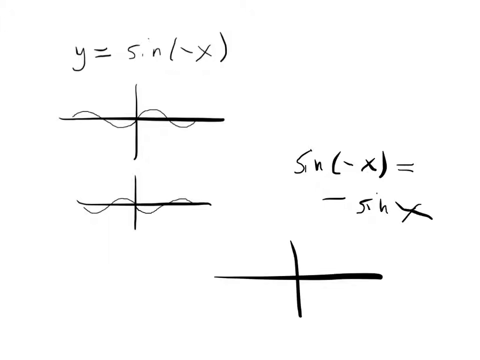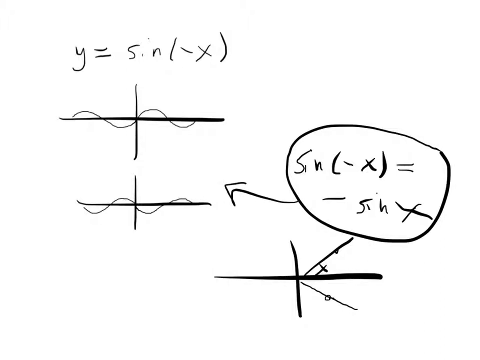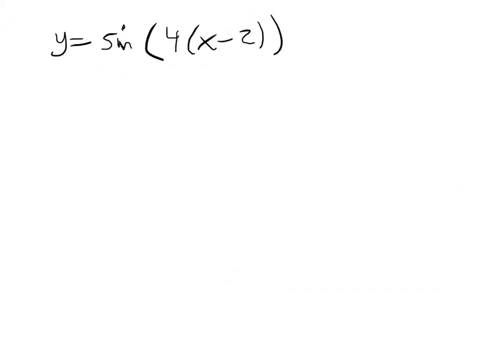And that should be familiar to you. If we have, say, x here, and we have a sine value, and we look at negative x down here, it's the opposite of the sine of x. So indeed, sine of negative x is negative sine x, and that's consistent with what we just did with our graphing. So there are at least two ways to look at graphing something like sine of negative x.